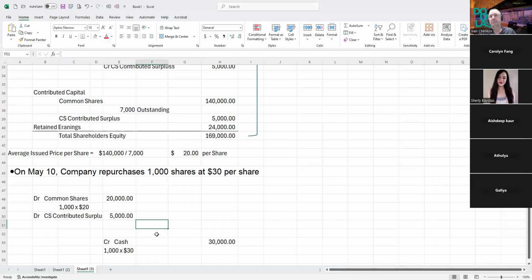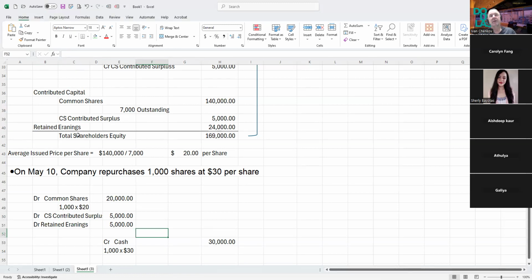No. How much am I short? $5,000. Where am I going to get that? Retained earnings. Then debit retained earnings $5,000. Did I solve my problem? Yes.